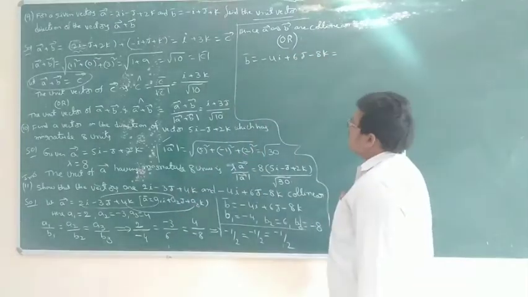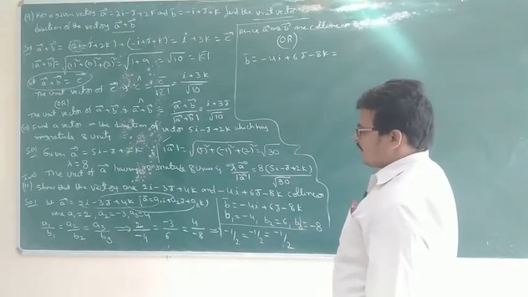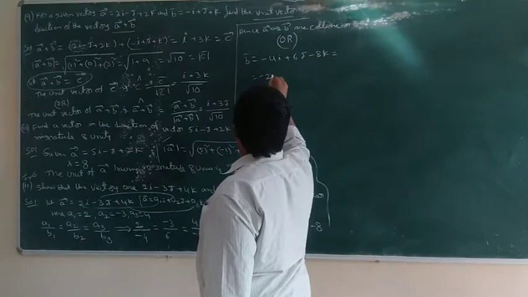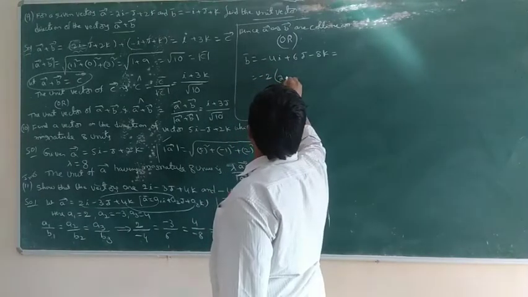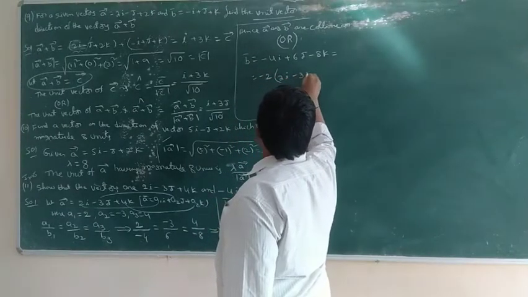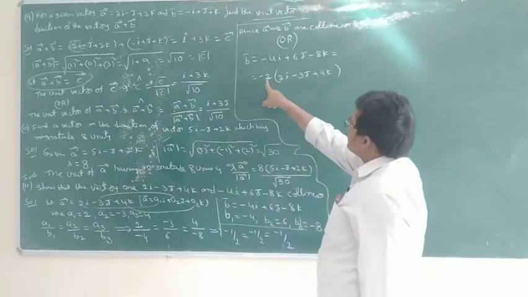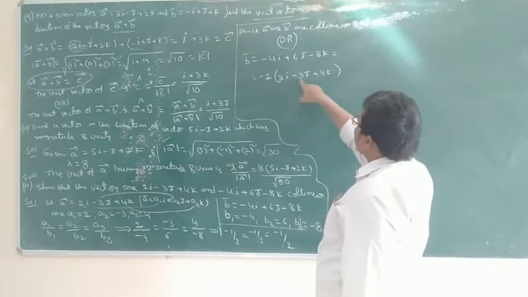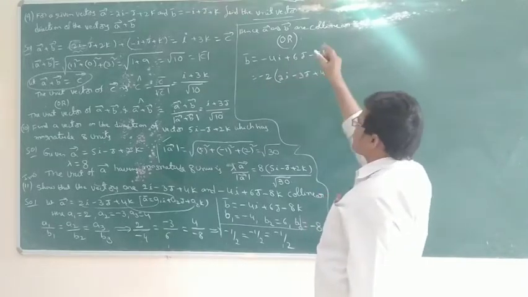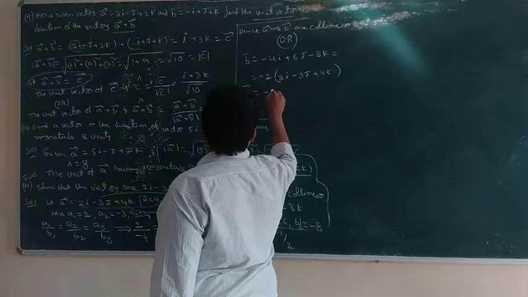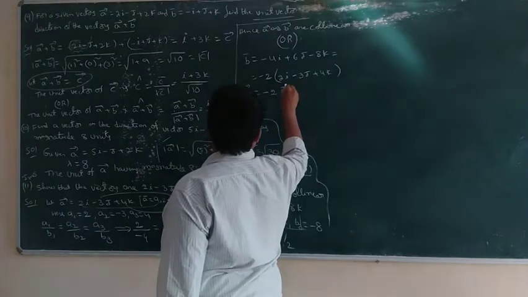Second method: take minus 2 common. Minus 2 into 2i minus 3j plus 4k: minus 2 into 2 is minus 4, minus 2 into minus 3 is plus 6, minus 2 into plus 4 is minus 8. So b bar is equal to minus 2 into a bar.